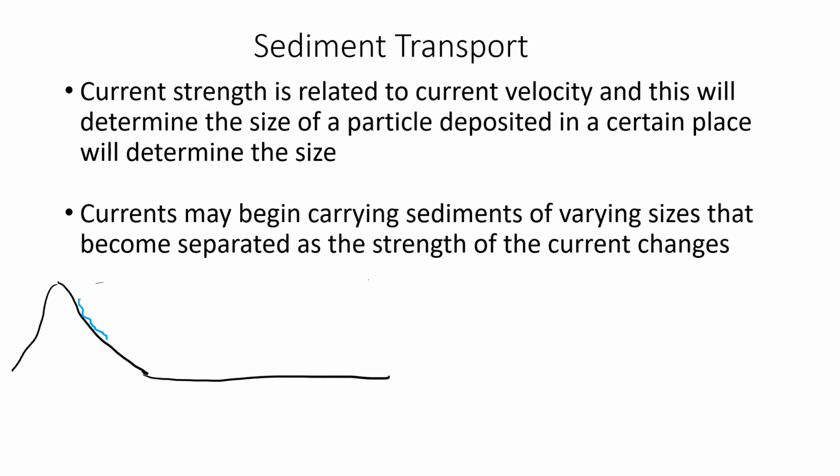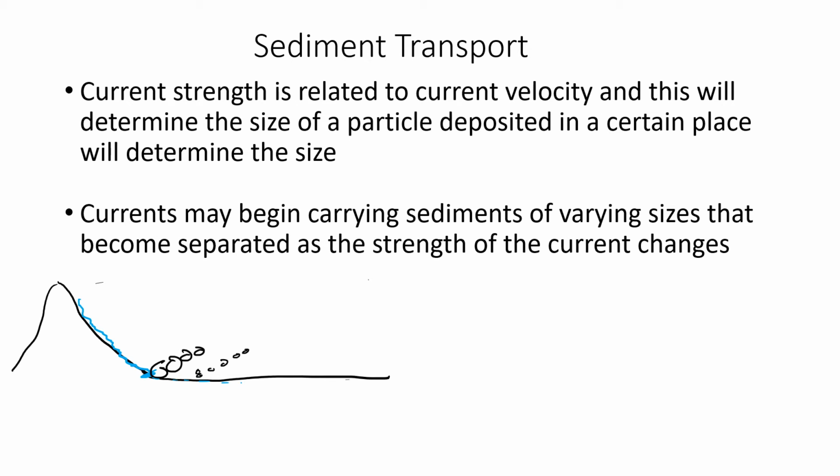And then that water abruptly hits these flatter areas. So that speed of the current is going to decrease. And when that happens, the larger particles are dropped out. And then the current continues to move on out, and the speed continues to decrease. So then we would see these particles become smaller.